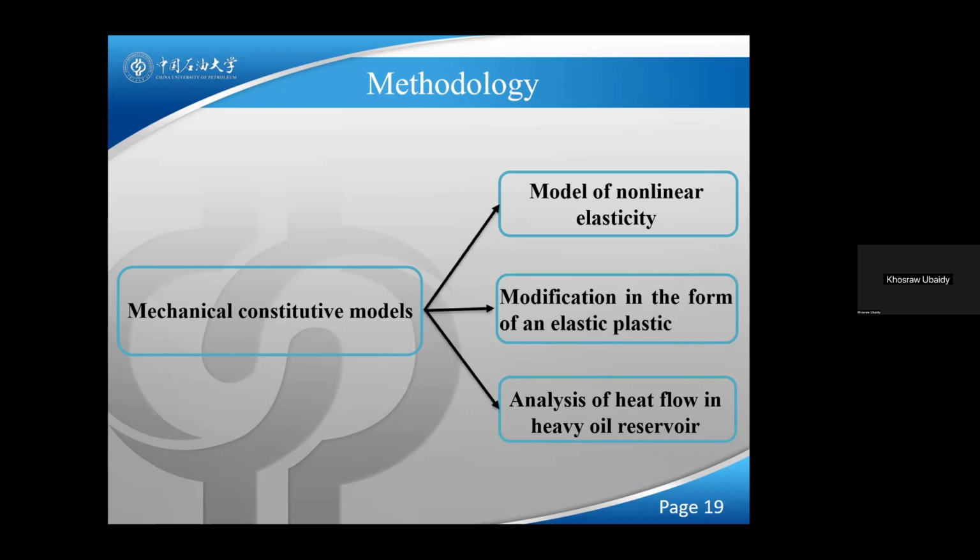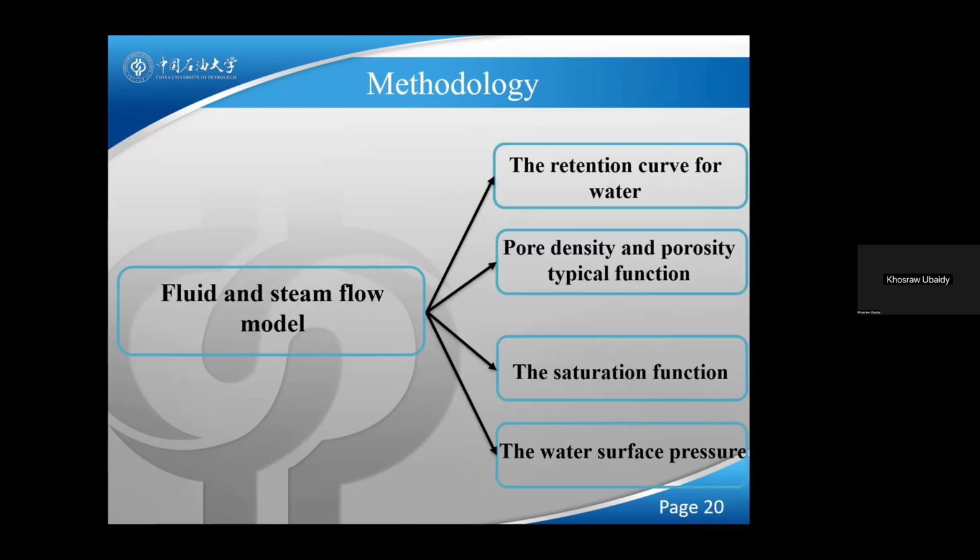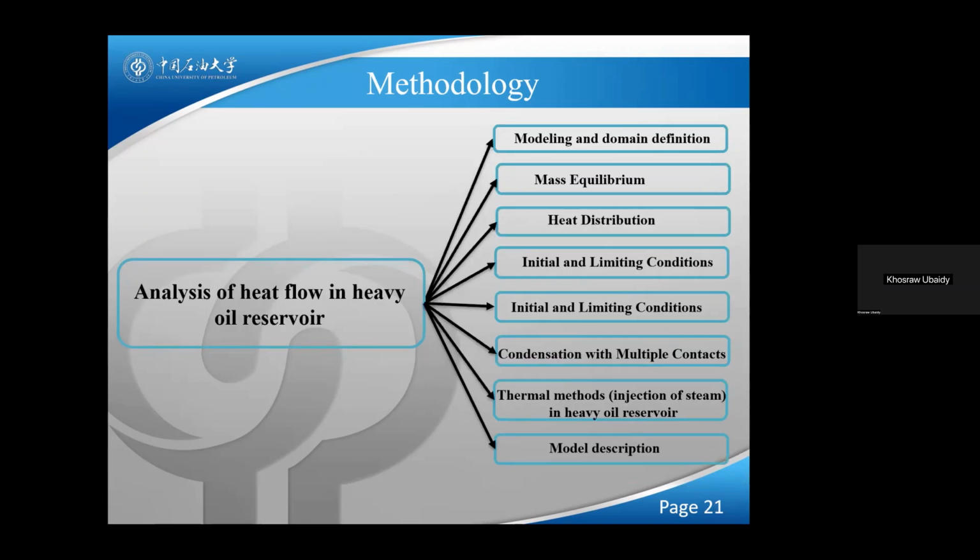The same for mechanical constitutive model and fluid and steam flow model, which we already mentioned here. And also analysis of the heat flow in heavy oil reservoir, which comes out after the cooling system.